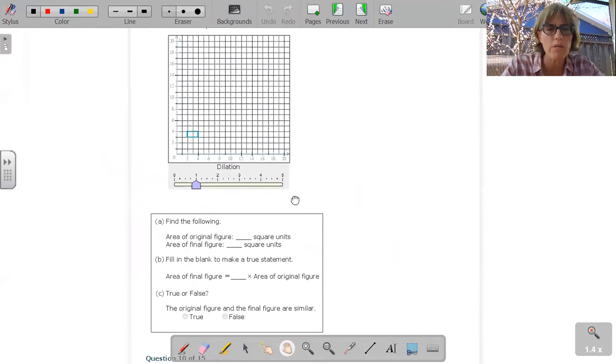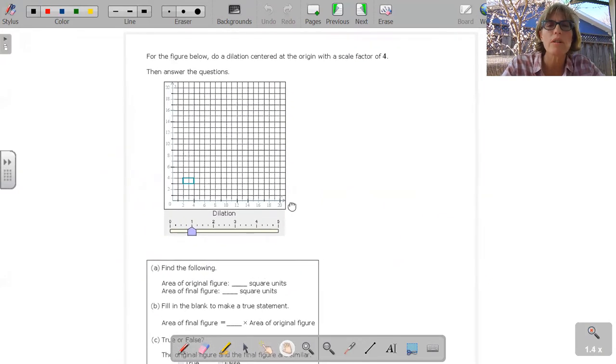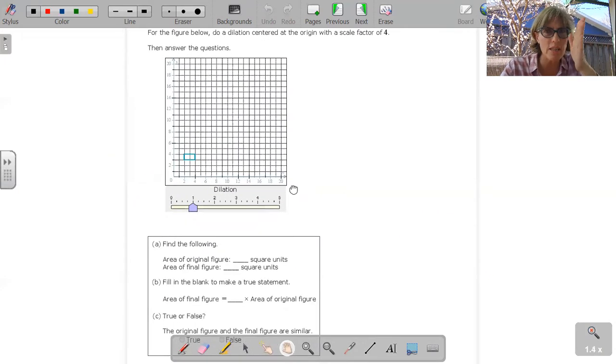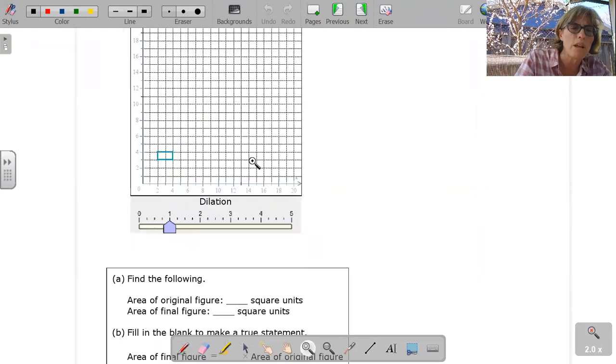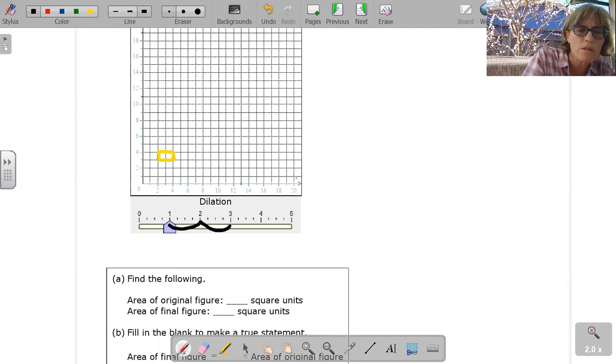So for this one, you're going to use the slider. And it says right here, you're going to dilate by a factor of 4. So what that means is you take the 1 here, and whatever this shape is, for example, this shape is right here. If you dilate by 4, you're going to drag this to 4.